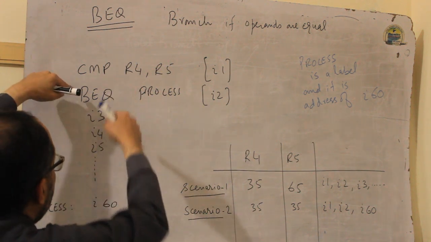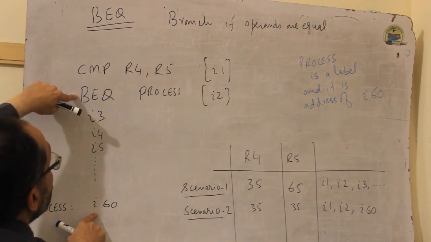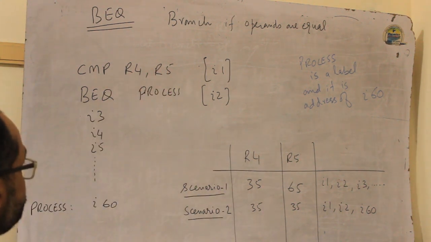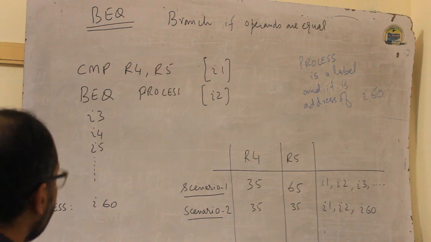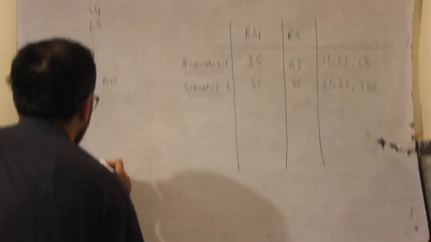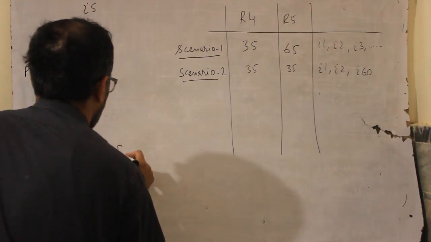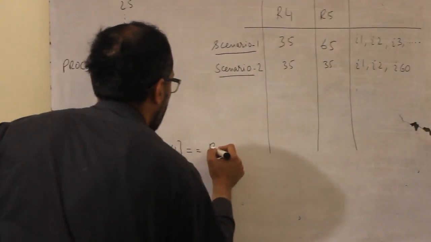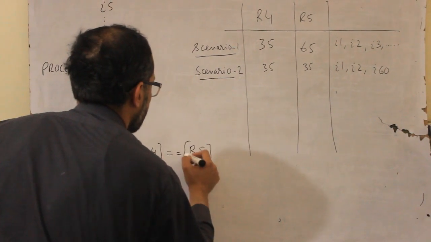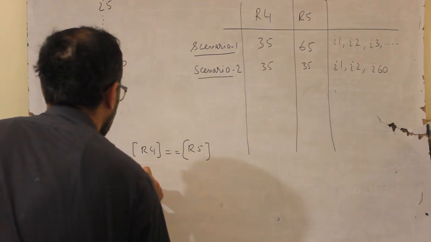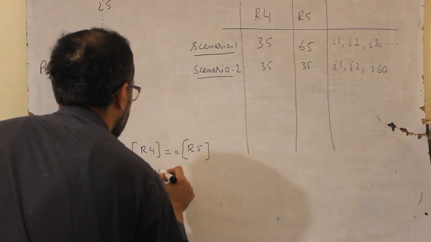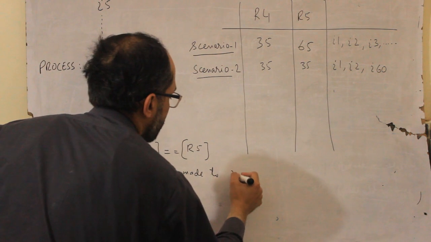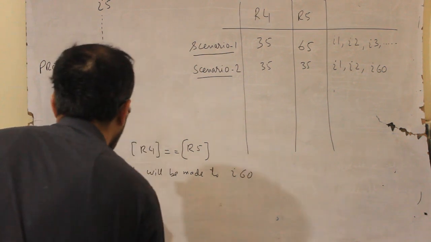The jump will be made here if R4 is equal to R5. So we can say that if R4 is equal to R5, a jump will be made to instruction I60.